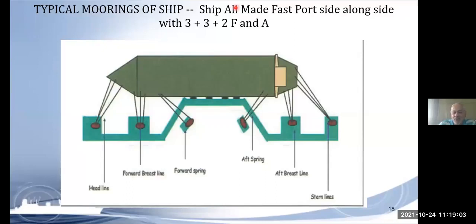If you look carefully, these 1, 2, 3, 4 are actually fenders, where the ship's hull comes into contact with the jetty. These fenders are made of rubber, and sometimes they even use aircraft tires.